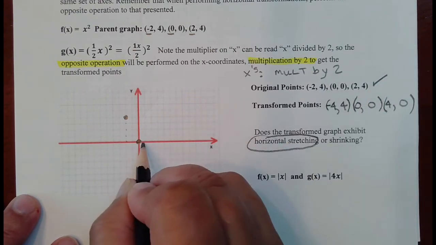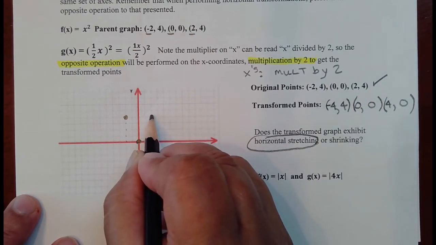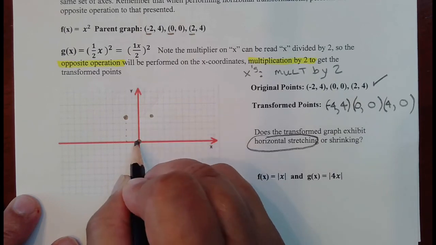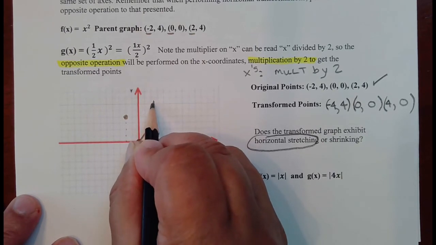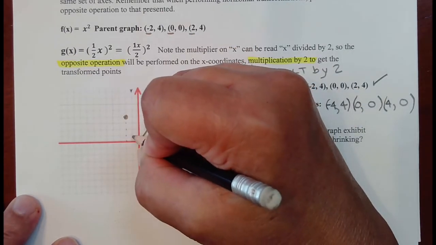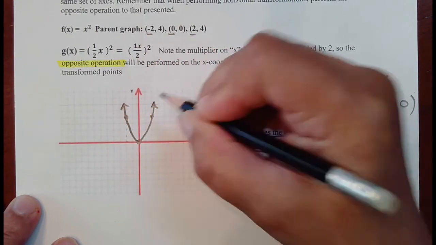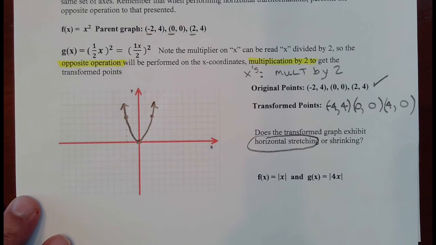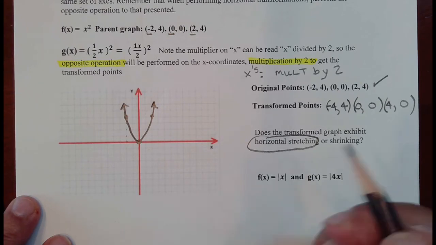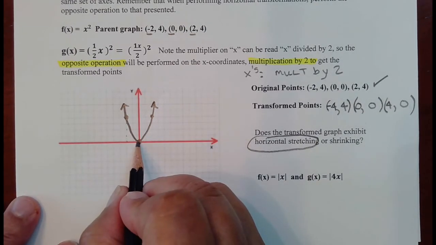Okay, then plotting the transformed points, which we have predicted are going to horizontally stretch that parent graph. So now we have -4, 4. That's -1, 2, 3, 1, 2, 3, 4, and we're going up to 4. So 1, 2, 3, 4 right there. And then we're also going to plot 0, 0, which we already have.